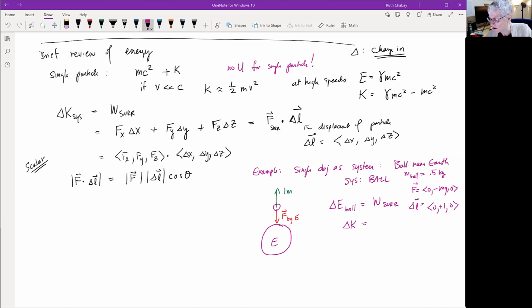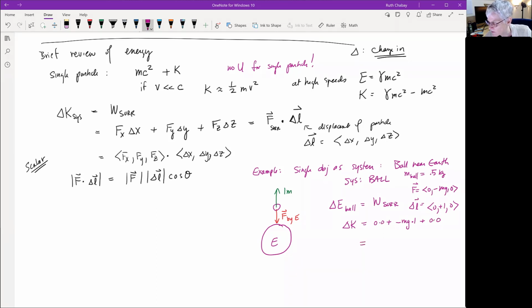So the change in kinetic energy of the ball is the work done by the surroundings. So this is going to be 0 times 0 plus minus mg times 1 plus 0 times 0.